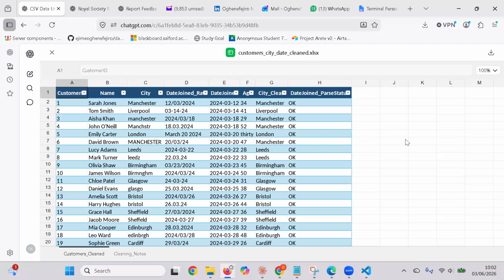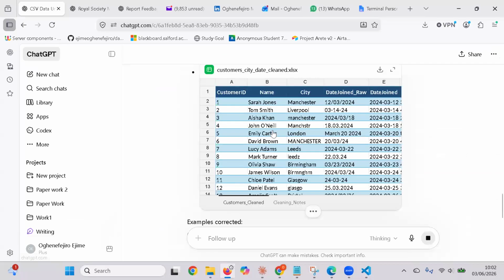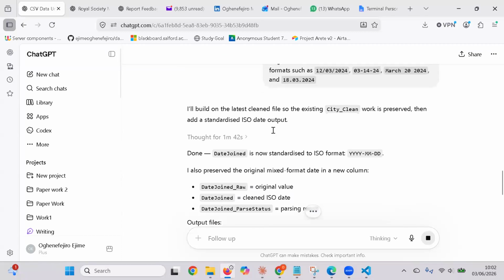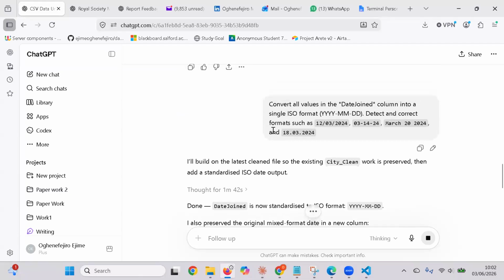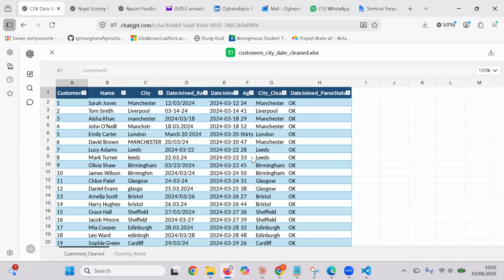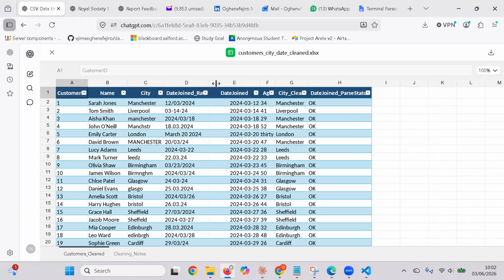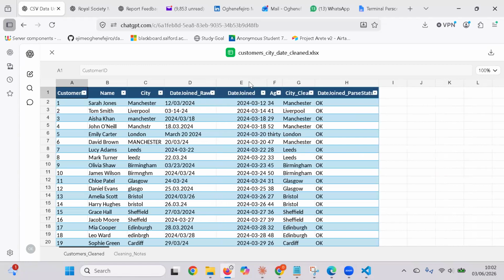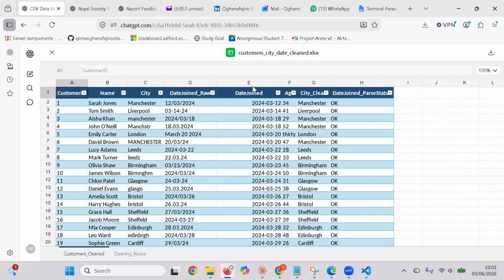So if we go back to our prompt, let's analyze this. If you look at it, it created a new column called date join, and it outputted something.